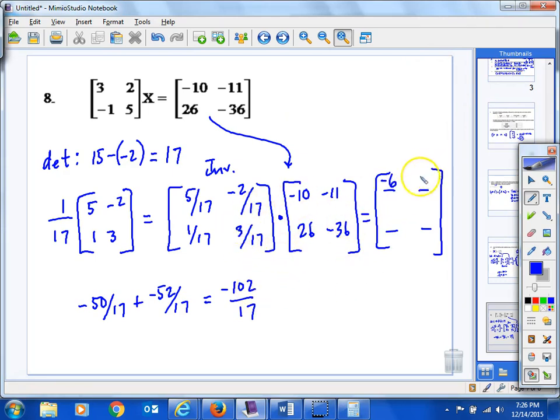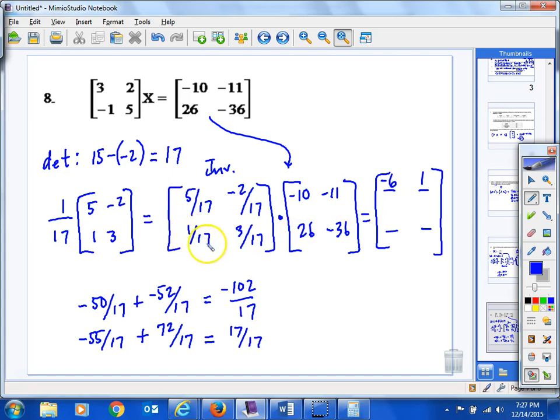All right, now let's work on row 1, column 2, 5/17 times -11. And then -2/17 times -36, that's 72/17. And when you add those together, you get 17/17, which is 1.